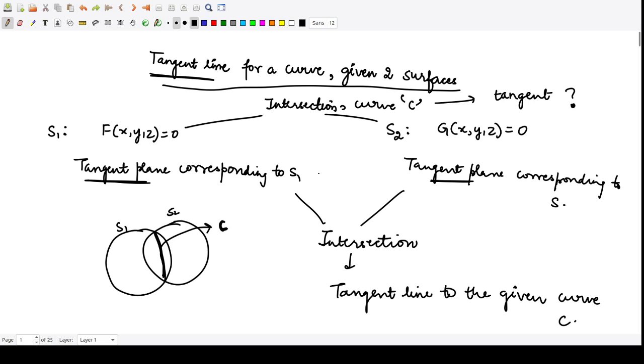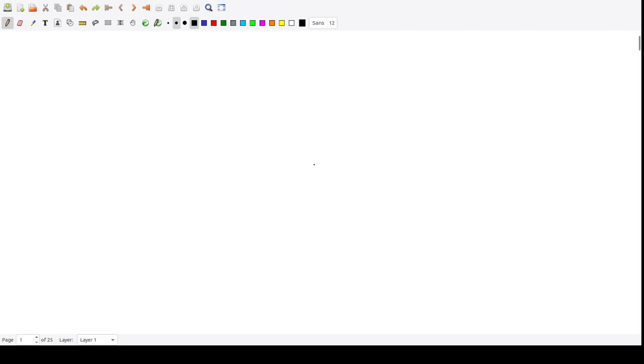So let us have a look at how to implement this idea. We are given these two surfaces. The first one is f of x y z is equal to 0, and another one is g of x y z is equal to 0. These two surfaces are given to us.